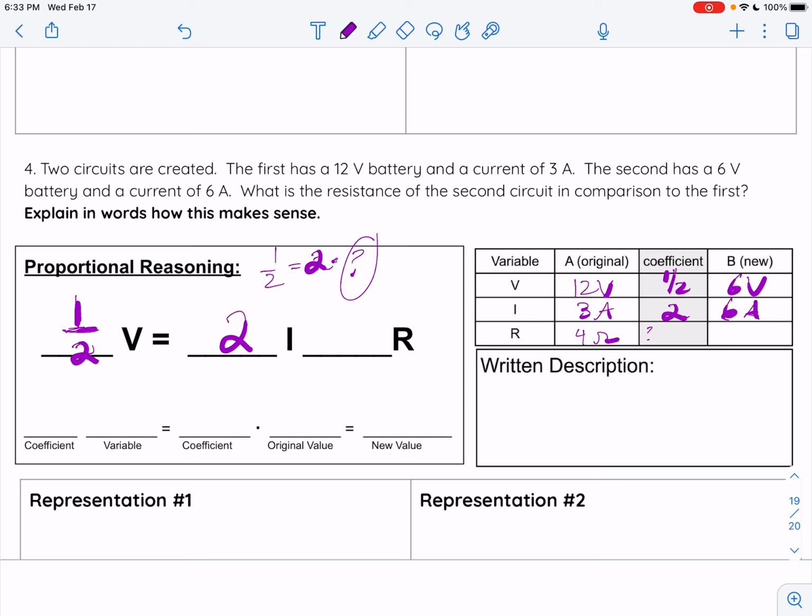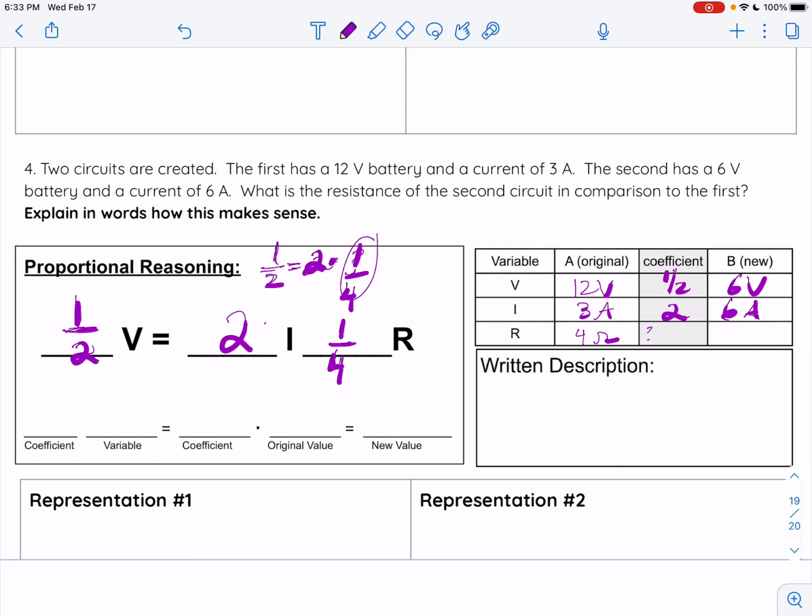What's going to happen to that resistance? If I have twice the current and I'm not pushing as hard, I want to think about 1/2 over here equals 2 times something. This is going to have to be 1/4, because 1/4 times 2 is 2/4, which is 1/2.